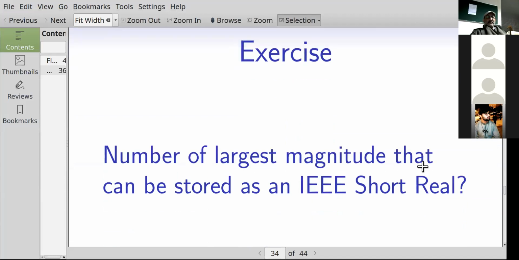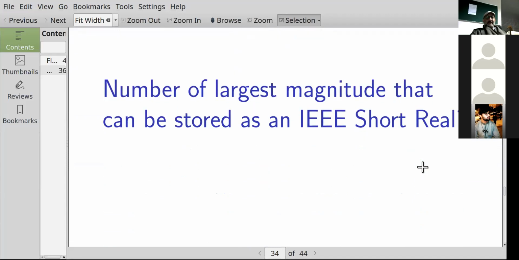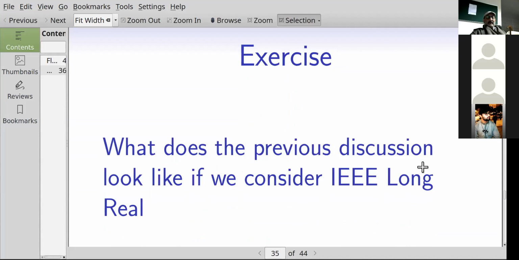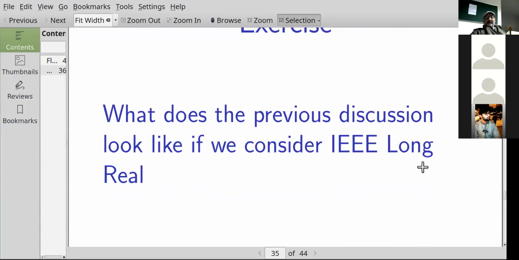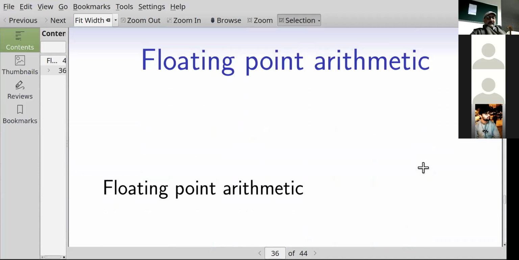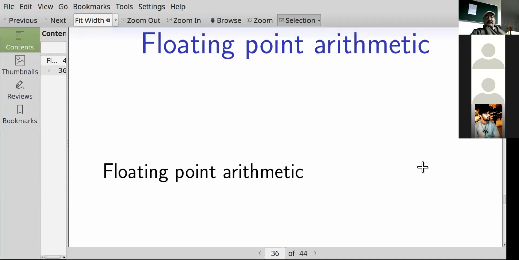With IEEE short real, what's the largest magnitude of number that can be stored? Or for IEEE long, what's the largest number that can be stored? Or I suppose you could always look those up. Now, let's see how that plays into the arithmetic.